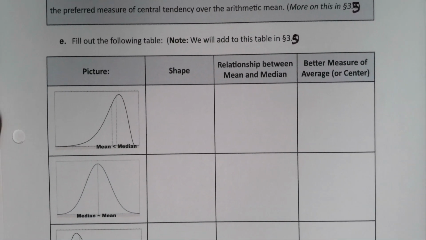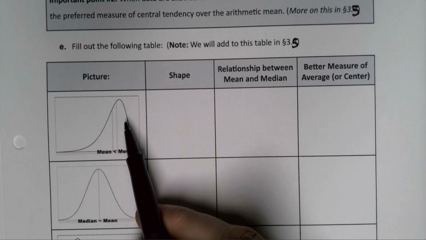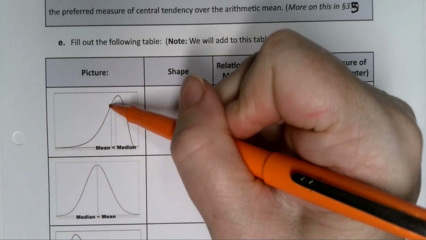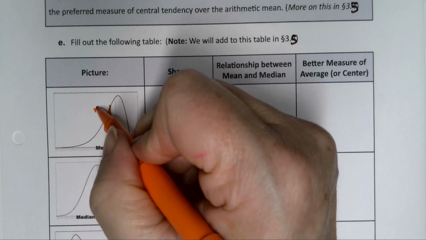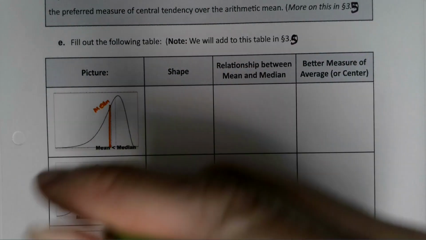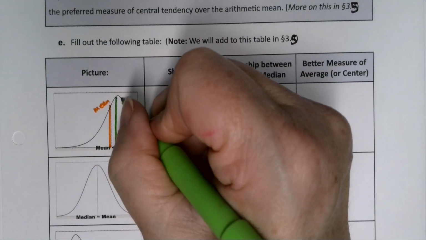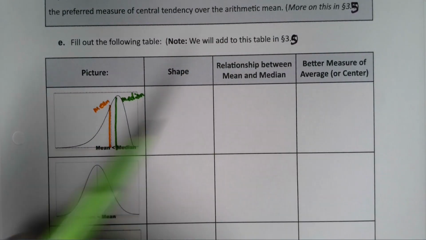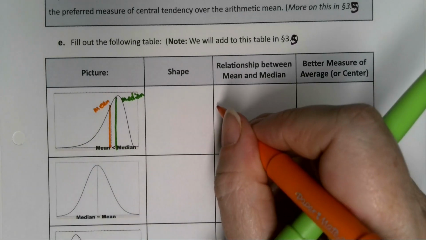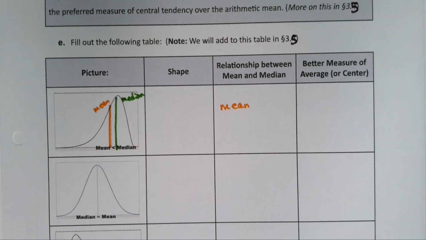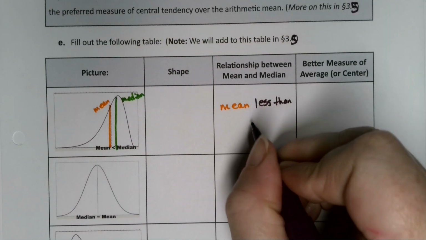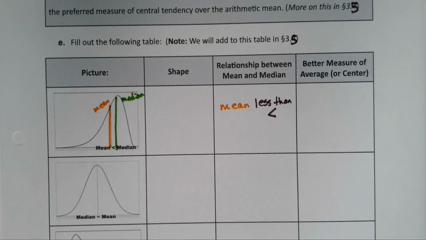All right, so let's look at the table here. If it's skewed left, the mean is less than the median. It's got the pointy end. So the mean is this one over here, and the median is this one. So that's what that symbol means: the mean is less than the median.